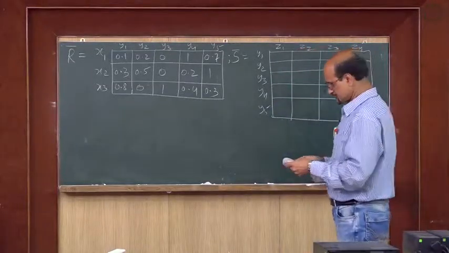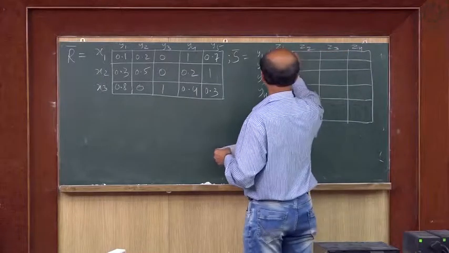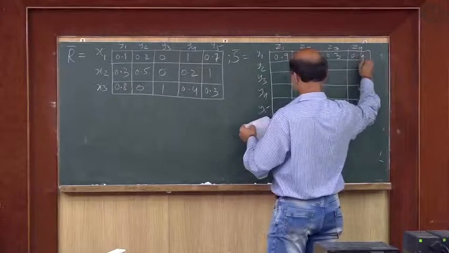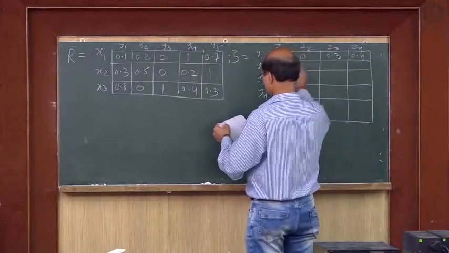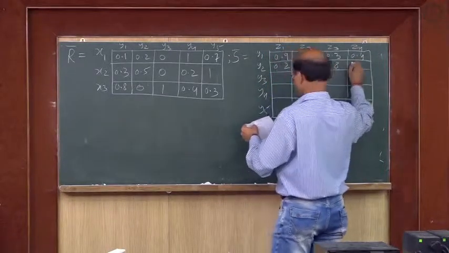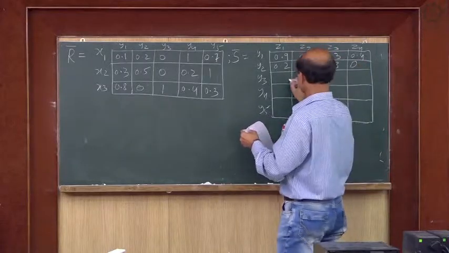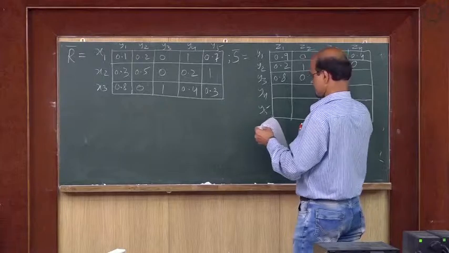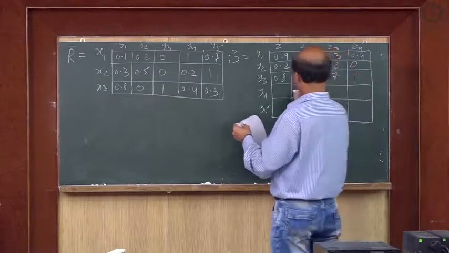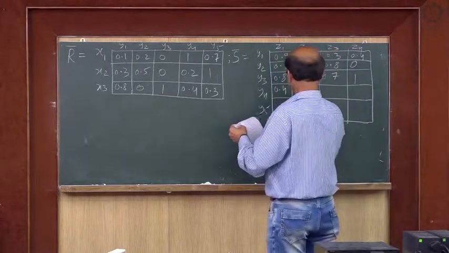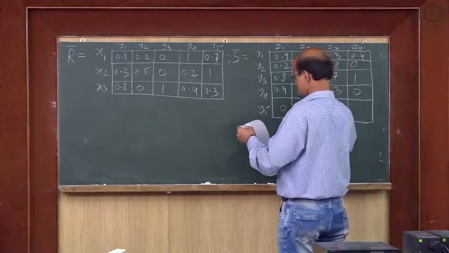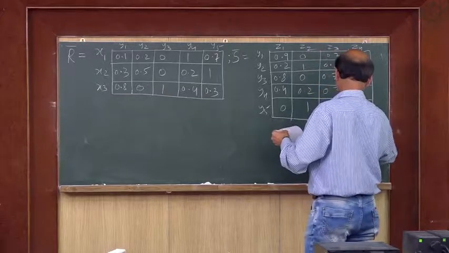So these values are 0.9, 0, 0.3, 0.4, 0.2, 1, 0.8, 0, 0.8, 0, 0.7, 1, then 0.4, 0.2, 0.3, 0, 0, 1, 0.8.